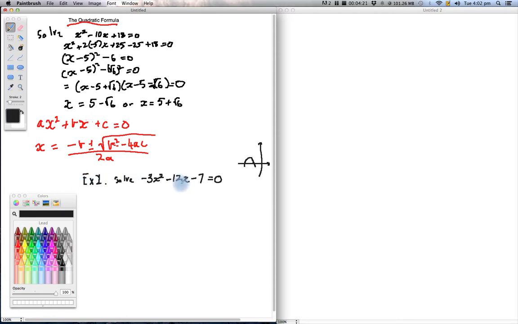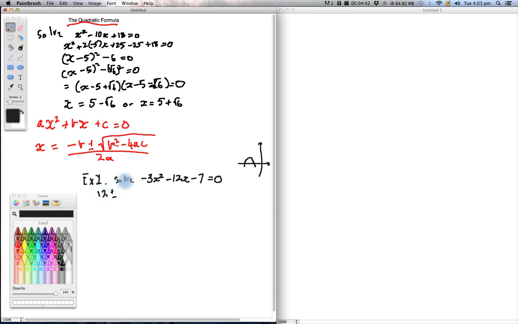Okay, so let's just solve it using the quadratic formula. Our b is minus 12, so minus b is therefore plus 12. 12 plus or minus the square root of, I'll put my square root sign in a moment, I think this will be the neatest way.